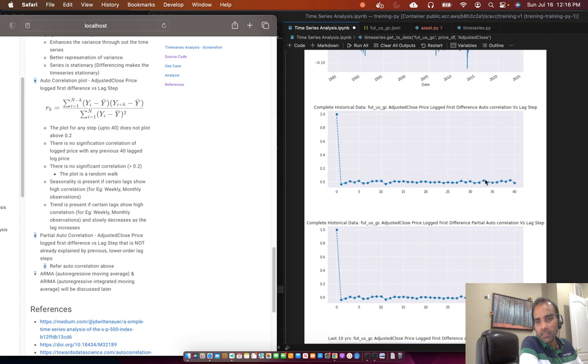For example, if the 30th day dot was above 0.2, and the 10th dot is also above 0.2, then you could say that every 10th day the observation is correlated with the 0th observation. So 0 and 10th are correlated because there is a significant correlation above 0.2 on the 10th day or 30th day. Once you see that correlation, then you can make trading decisions every 10th or 30th day.